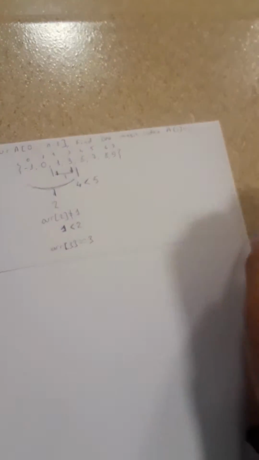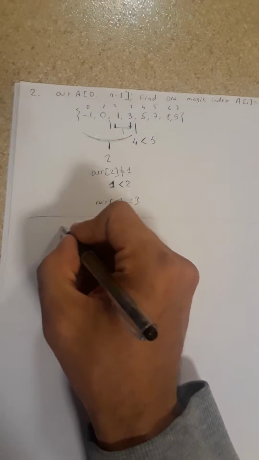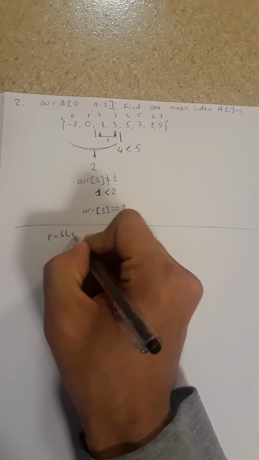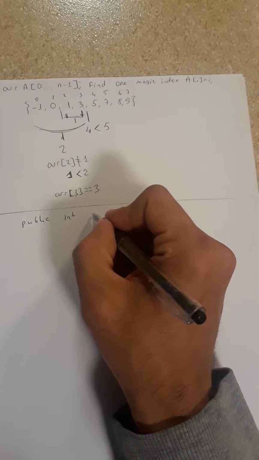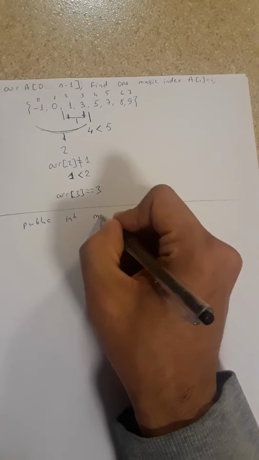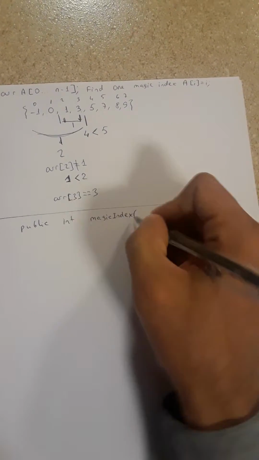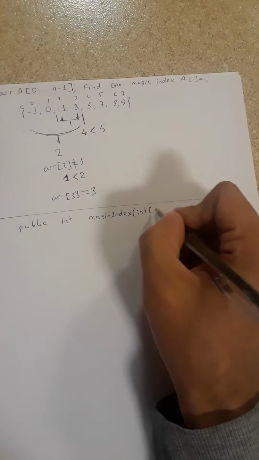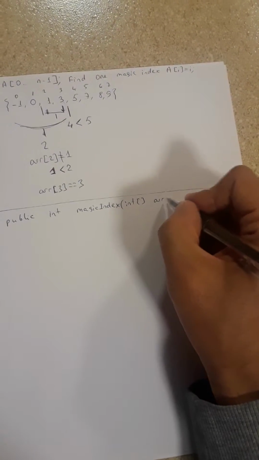So in a function it will look like this. Our function will return an integer, and the passing argument will be an array.